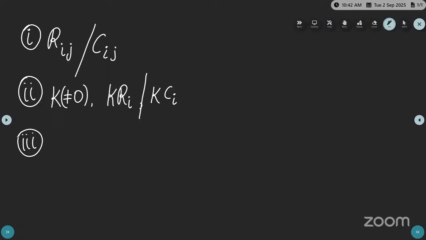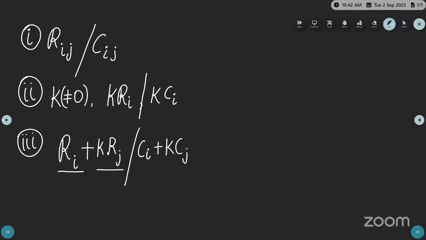Okay. So I have multiplied the jth row with the non-zero scalar k and added to corresponding elements of ith row, or Ci plus k Cj.